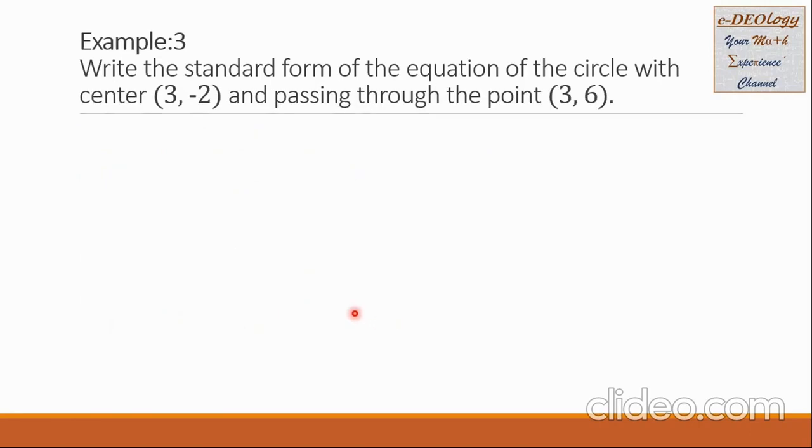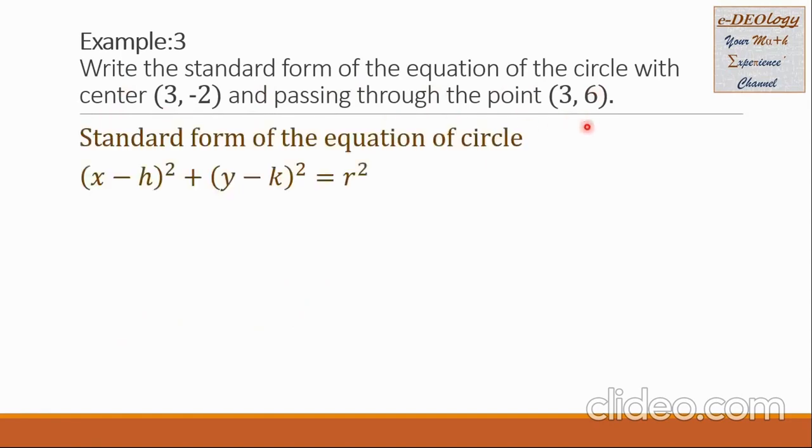Example 3. Write the standard form of the equation of the circle with center (3, -2), and passing through the point (3, 6). Again, the standard form of the equation of a circle is here. But take note, when we use this formula, we need the center and the radius.